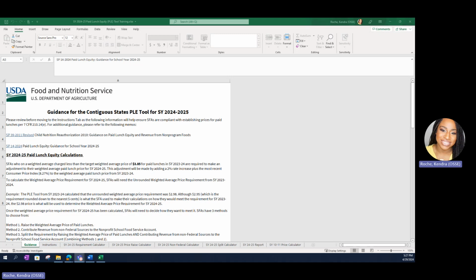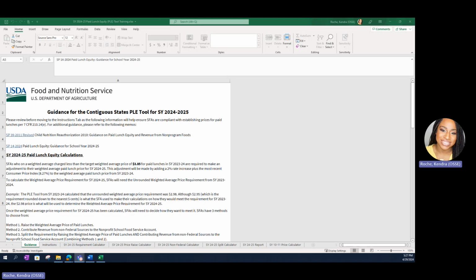Regulations require all school food authorities, or SFAs, participating in the National School Lunch Program, or NSLP, to ensure sufficient funds are provided to the nonprofit school food service account for meals served to students not eligible for free or reduced price meals.